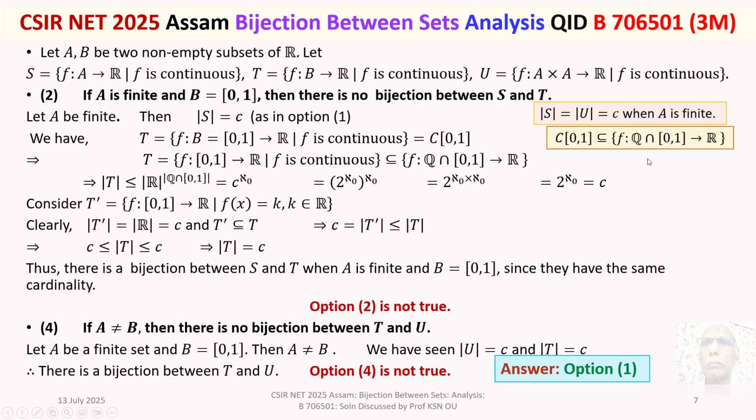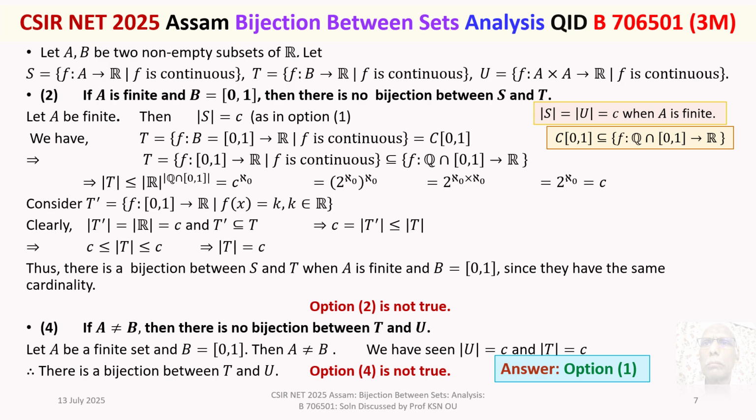Now, for those of you who do not know this result, that is C[0,1] is embedded in the set of all F from Q intersection [0,1] to R. If you do not know, continue seeing the video.